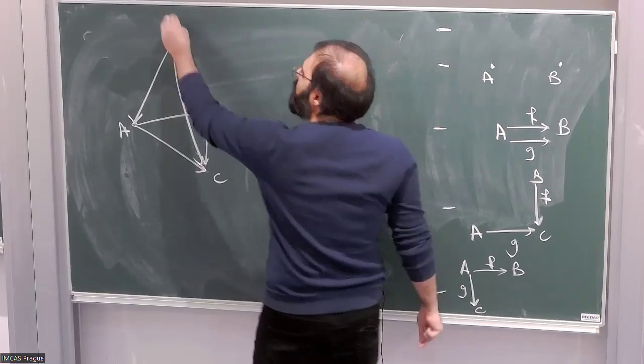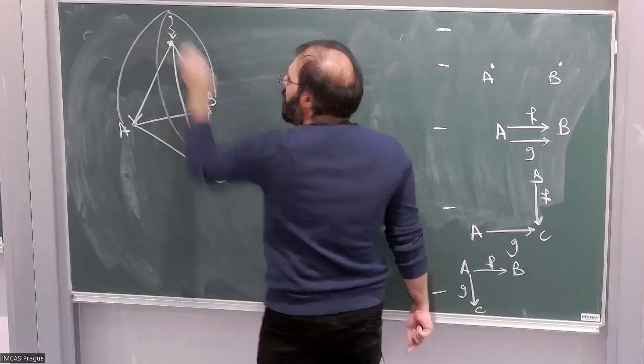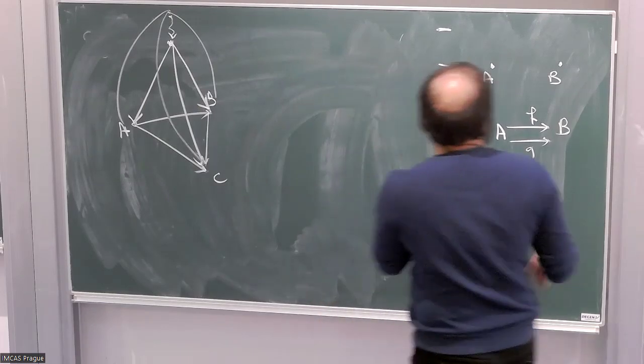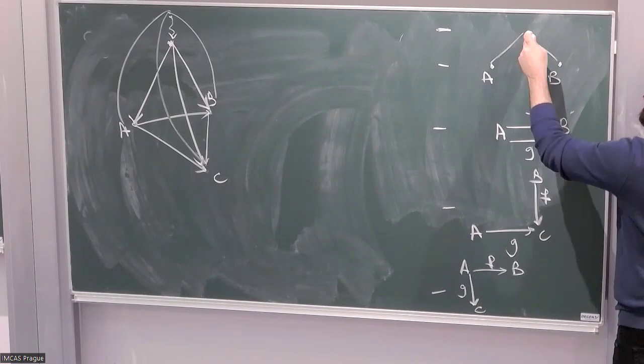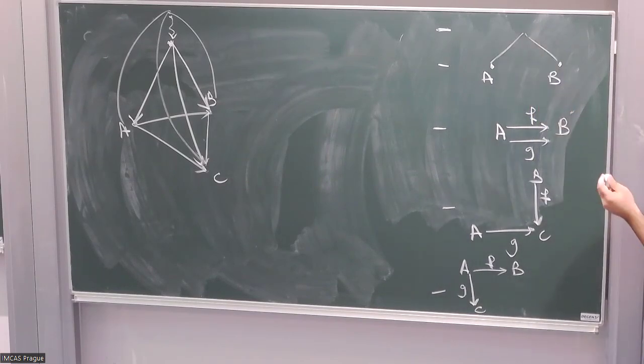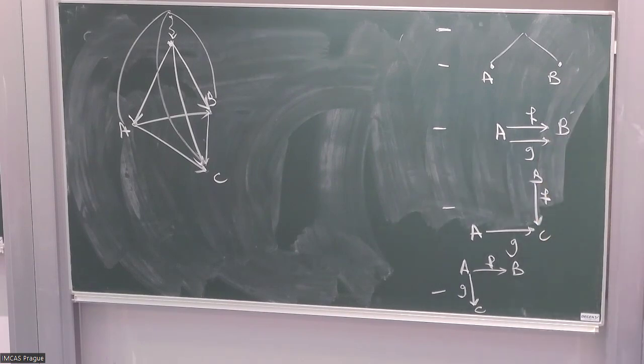So for any other cone, there should be one, right? Do you have it here? So what is a cone? The best cone is the product. Here, what is a cone when you have the empty thing?